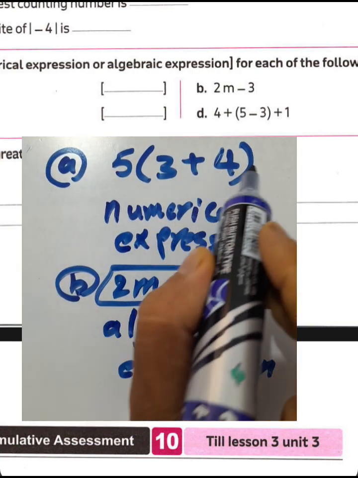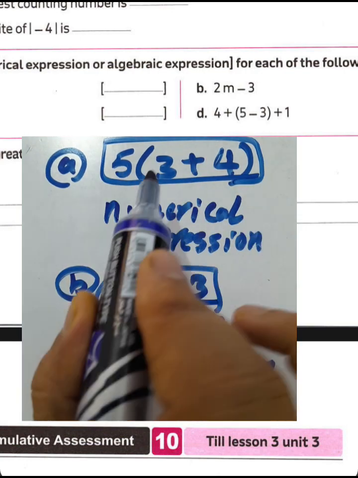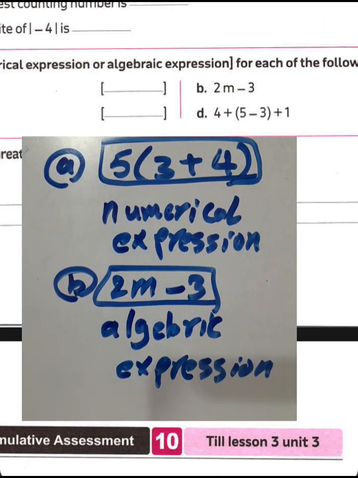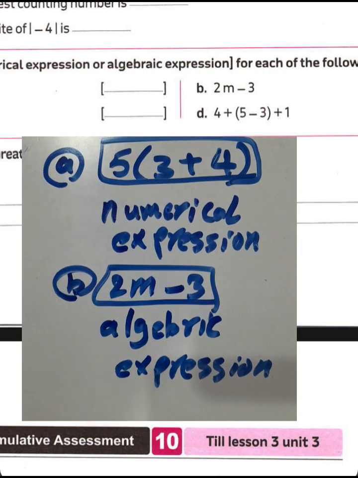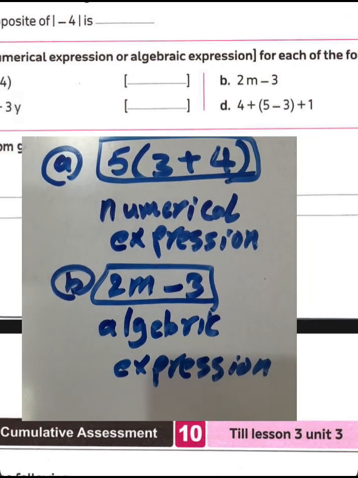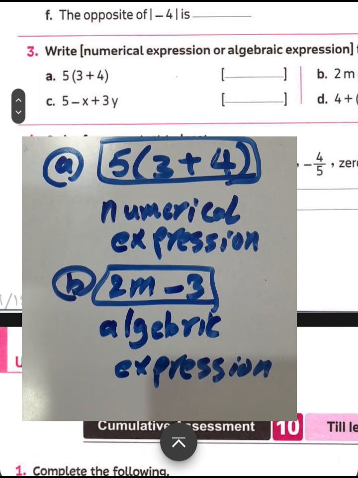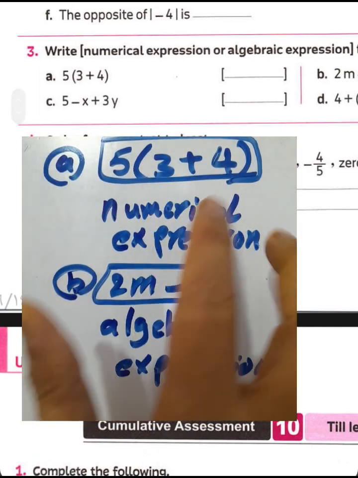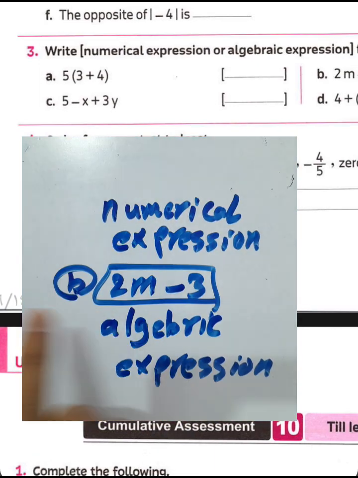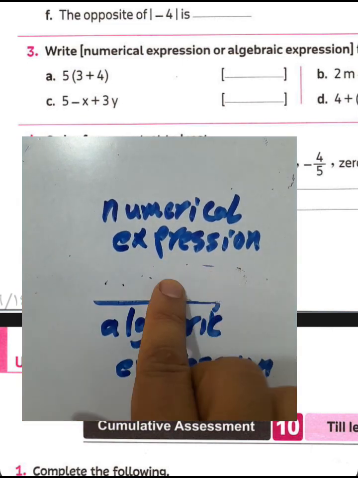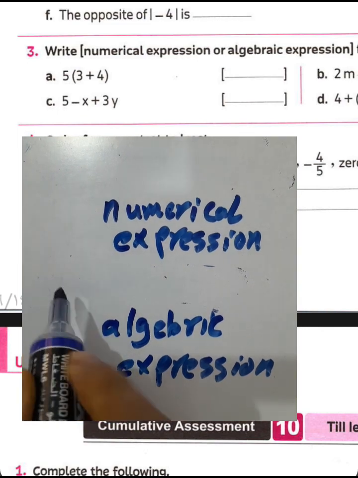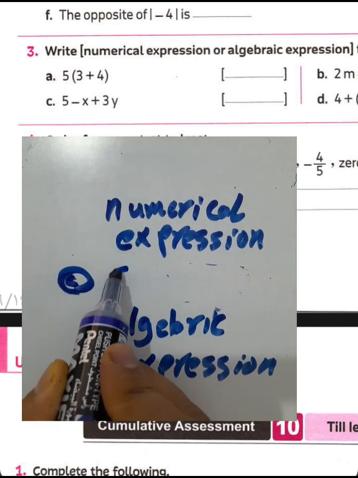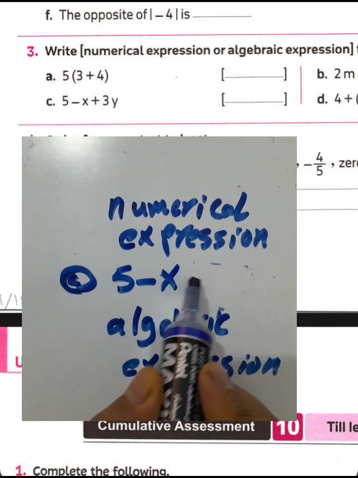In this expression, all the terms here are numbers, we have digits here, but in the other we have an unknown. And what about letter C? 5 subtract x plus 3y.